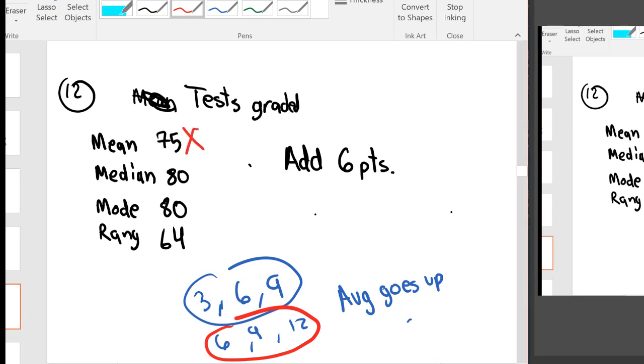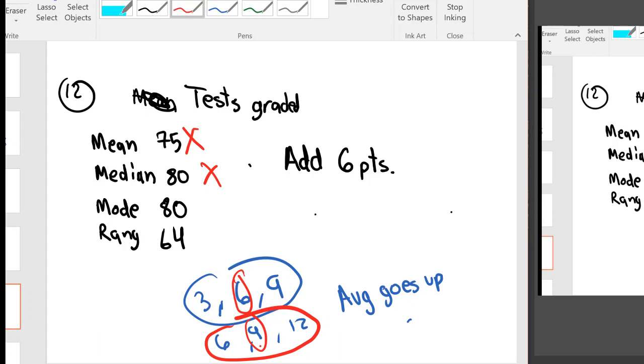Now the median. Let's look at the same set, 3, 6, 9. The median is the number in the middle. 6 versus 9, it definitely went up. Now, this is not directly this problem, but I'm substituting to make the problem easier for myself. Now, the mode.